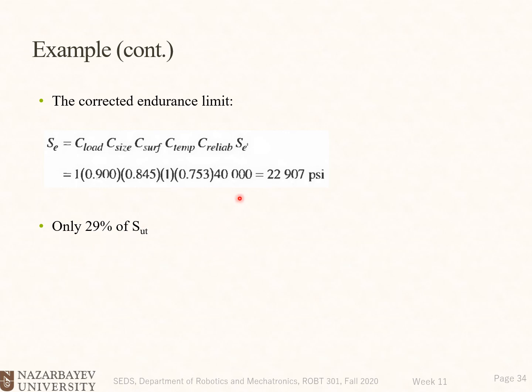So we cannot use 80,000 SUT as we had. We must go through these steps to calculate the fatigue strength. Fatigue strength is always less than ultimate tensile strength.